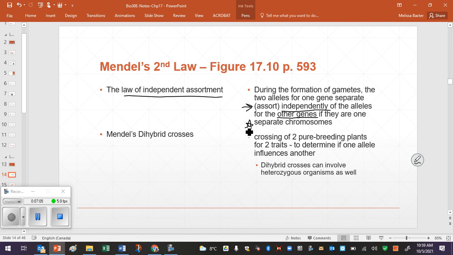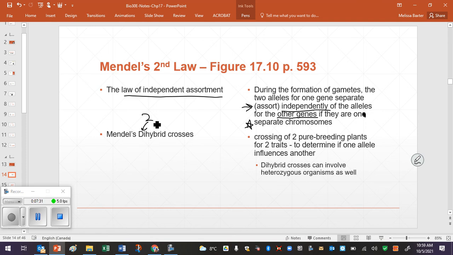We will see the scenario of if they're on the same chromosome in the next lesson, but for now, if these genes are on separate chromosomes, then the genes will assort independently because chromosomes assort independently during gamete formation in meiosis.